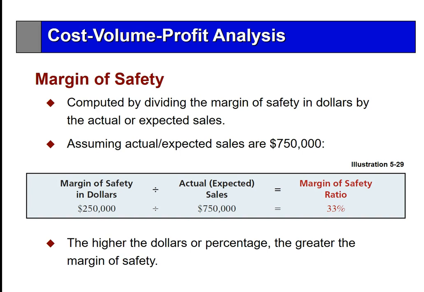So the margin of safety ratio is the margin of safety in dollars divided by the actual sales in dollars. In this case, the margin of safety was 250, the actual sales 750. So the margin of safety ratio is 33%. So sales can go down by 33% until you hit your break-even.